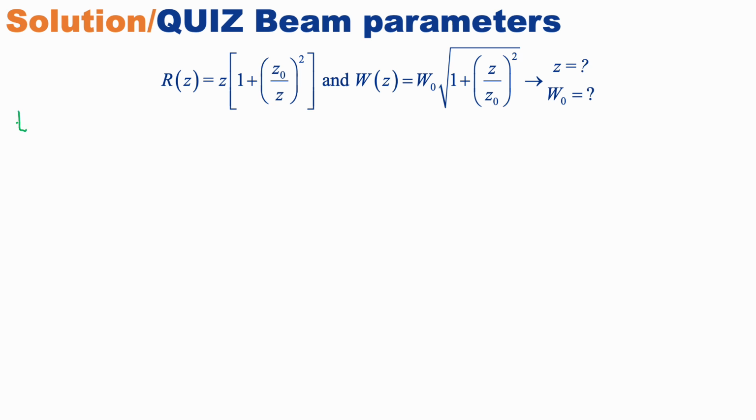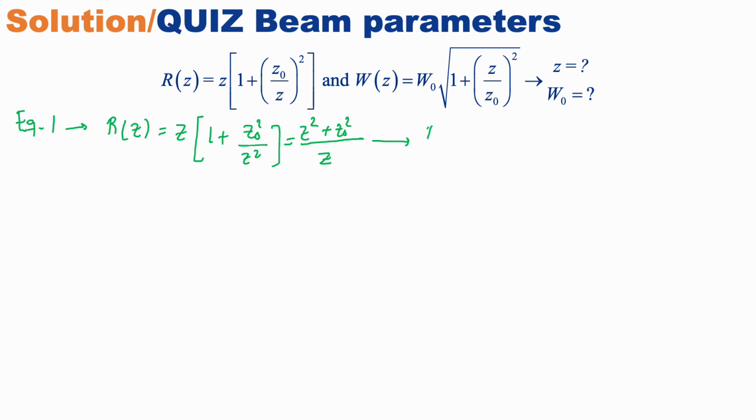My first equation is the one for the radius of curvature, C times 1 plus C sub 0 squared over C squared, and I can write this as C squared plus C sub 0 squared over C. If I write it that way, the C on the denominator on the right side, I can move to the left as a product, so then we're going to have C times R equals C squared plus C sub 0 squared.